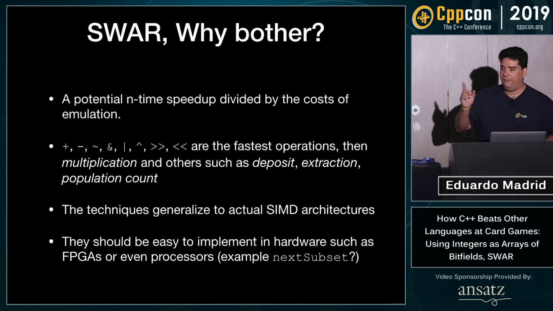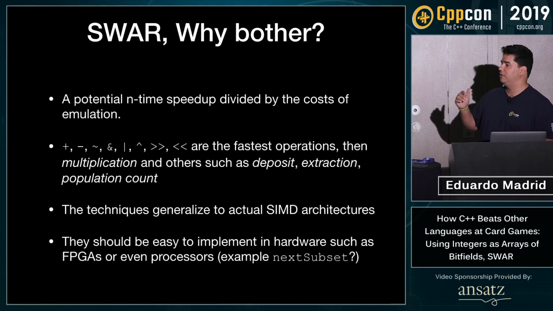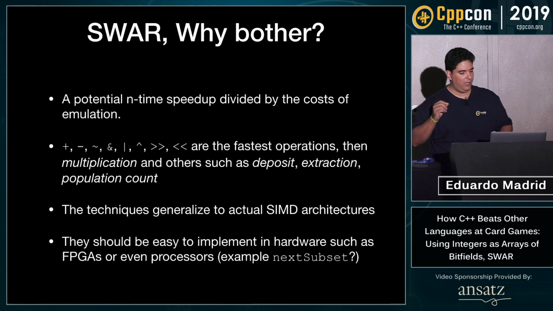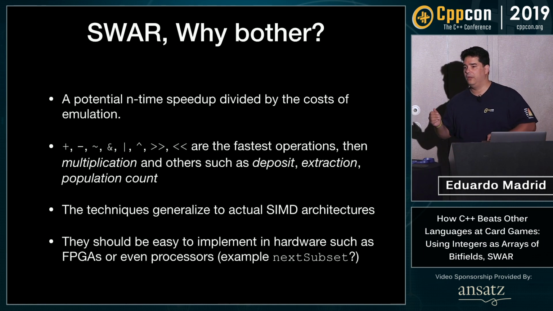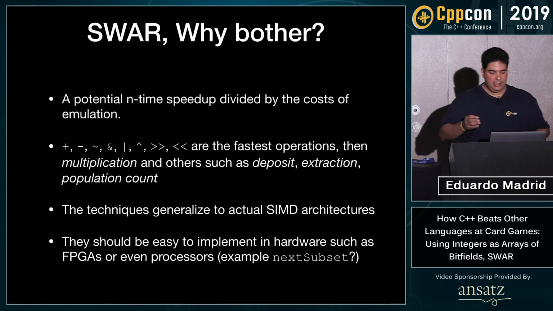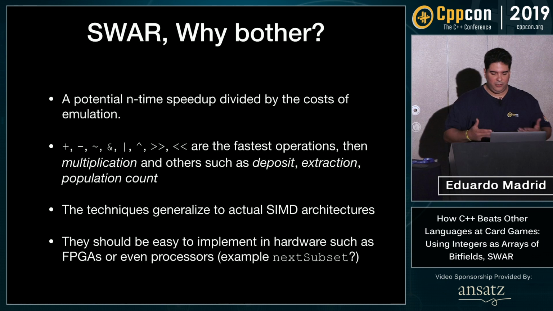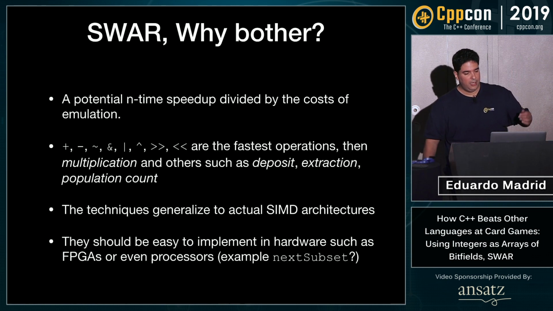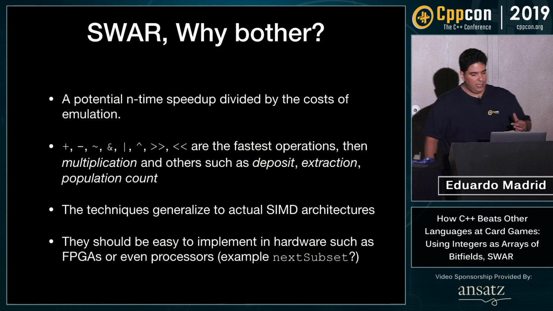Also, intuitively speaking, the operations most used in these techniques are the cheapest and fastest. In particular, the ones on the slide, I think the processor can execute up to 3 per cycle. And you can begin to synthesize interesting things with them very cheaply in terms of execution time.